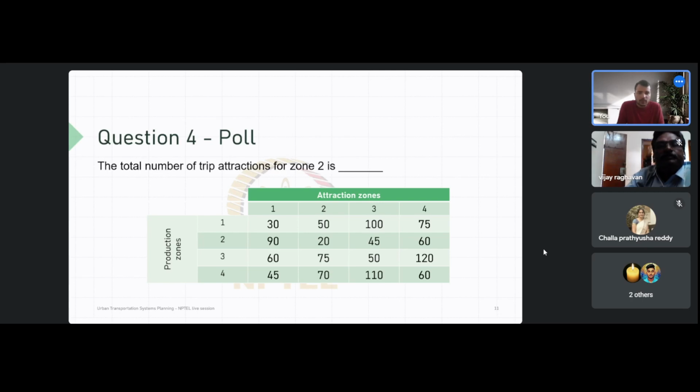Give maybe 1 more minute, then we can discuss the answer for this. Anyone else wants to respond for question 4?